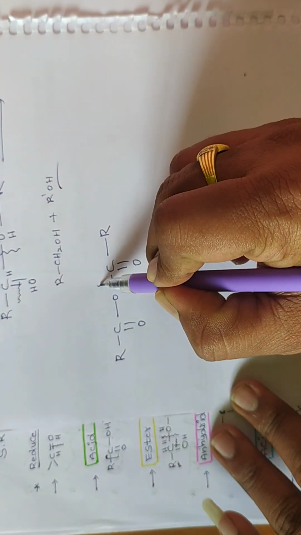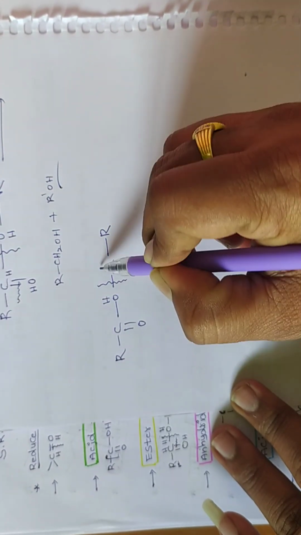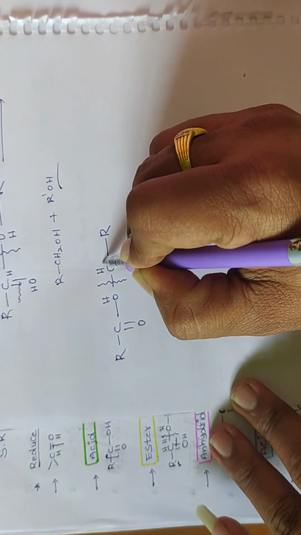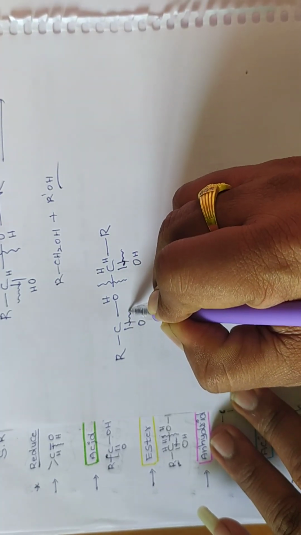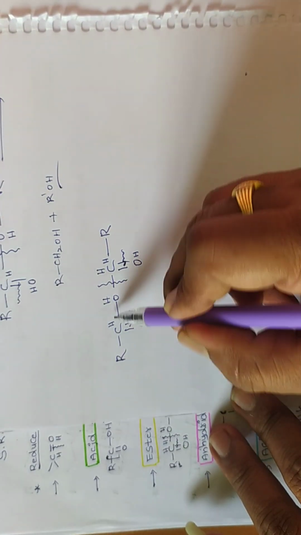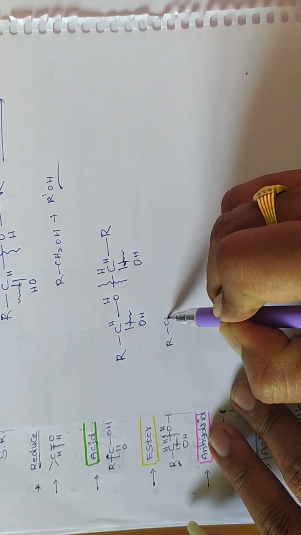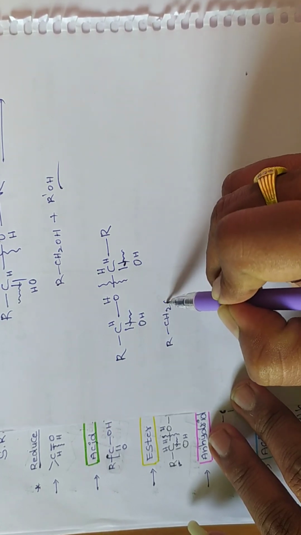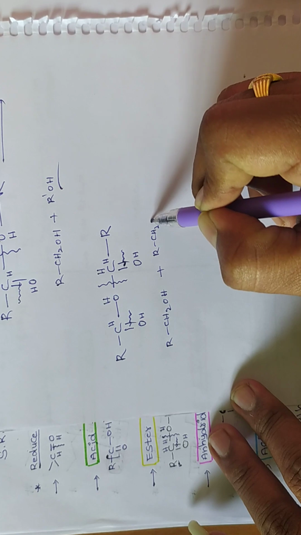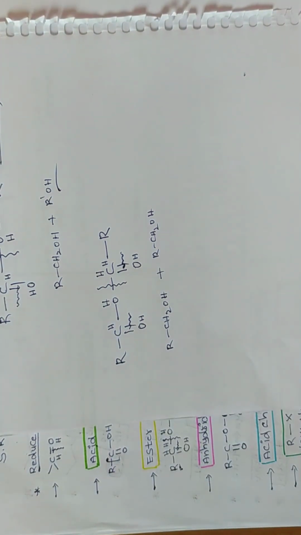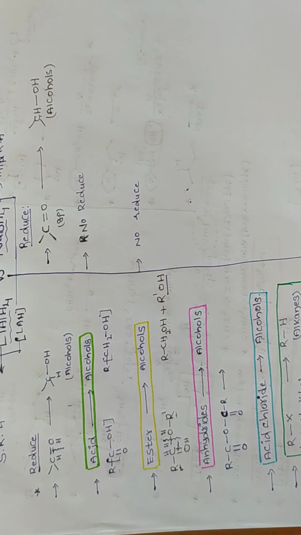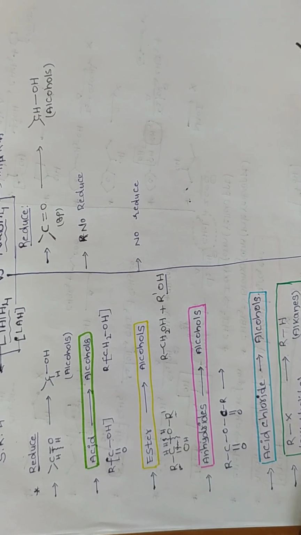Now you break the bond between this and this, here H, here H. Next break the bond between these two, H, H. Next here also break the bond between carbon and oxygen, H, H. Now finally we have R, CH2OH, and here also we get R, CH2OH. Finally alcohols are formed. That is anhydrides to alcohols.